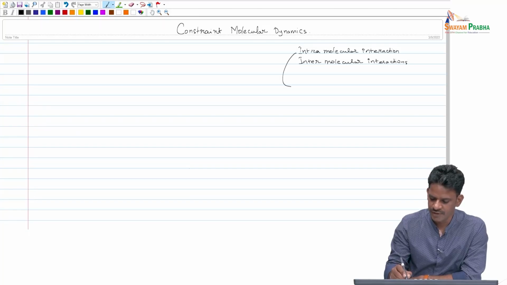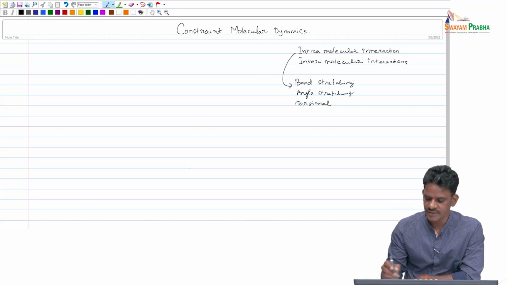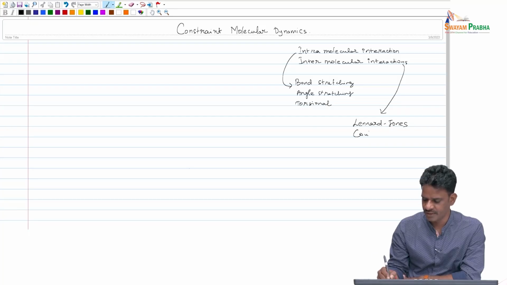In the intramolecular interactions, we are talking about bond stretching, angle stretching, torsional rotations, etc. Whereas in the intermolecular interactions, we are talking about essentially non-bonded interactions, namely the Lennard-Jones and Coulombic interactions.